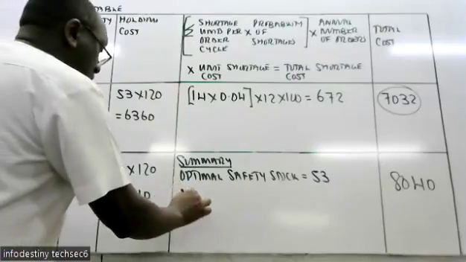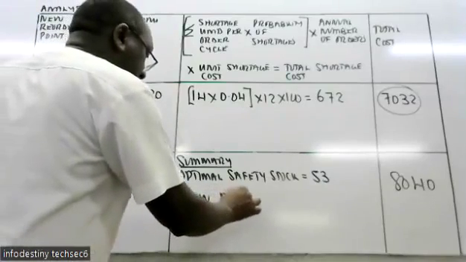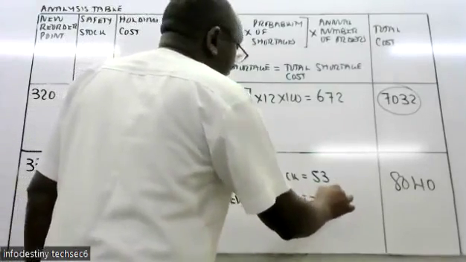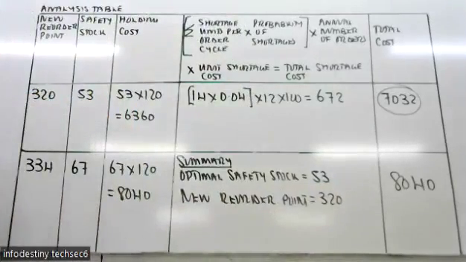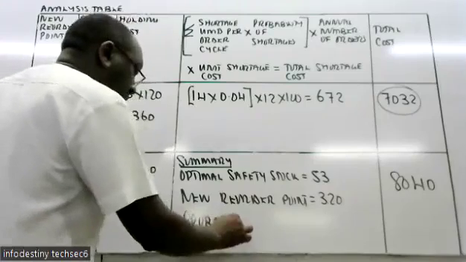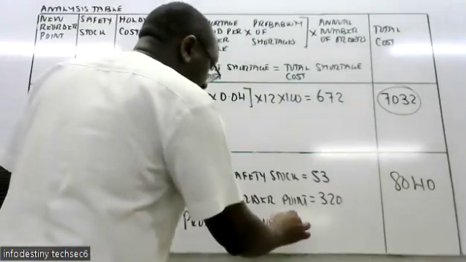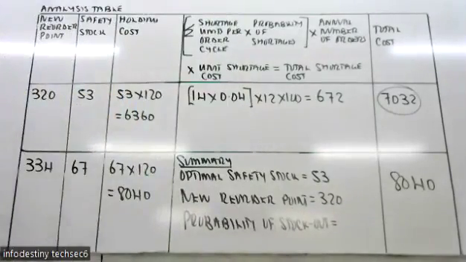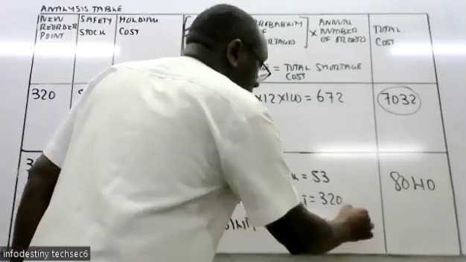Aya, hiyo ingine new reorder point. As the other thing you should tell us, new reorder point. It is corresponding to 320. And the last thing you should tell us is probability of stock out. Now that we have settled for this 320, there is still a chance that we can get 334 with a probability of 0.04.